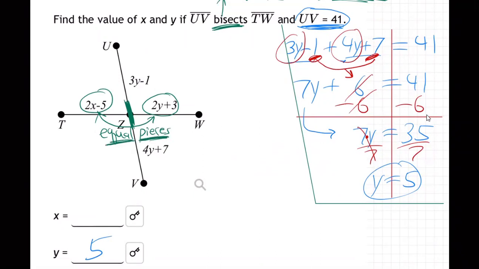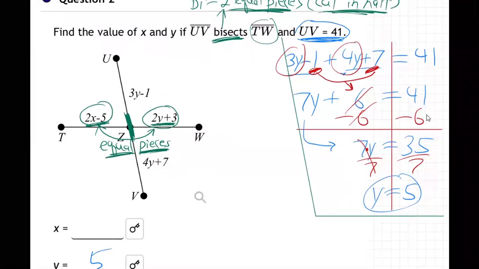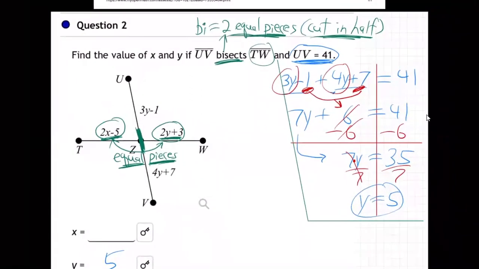Does that make sense? This and this have to be equal pieces. Why? Because UV is like a knife which cuts TW in half. It bisects it, like cutting a piece of toast in half or anything else, right? So cutting it in half perfectly. Okay, so those pieces are equal.